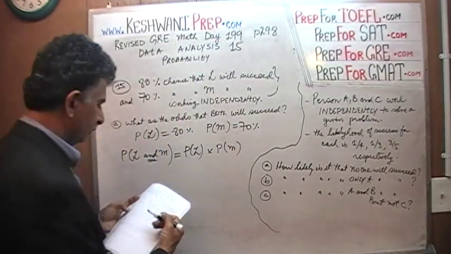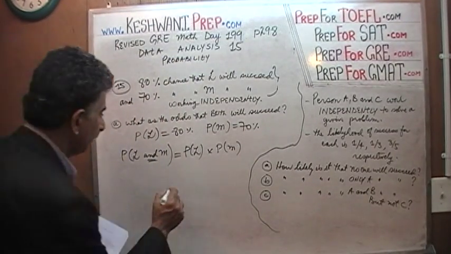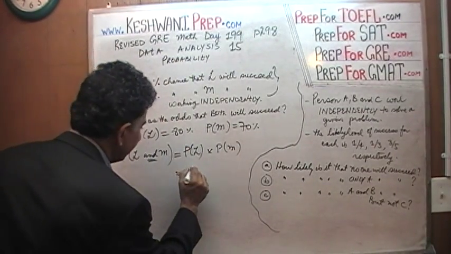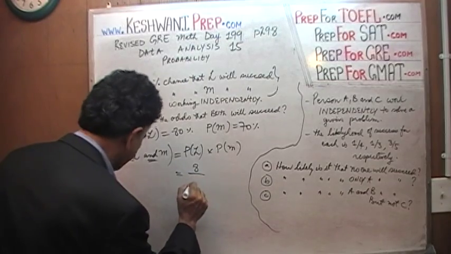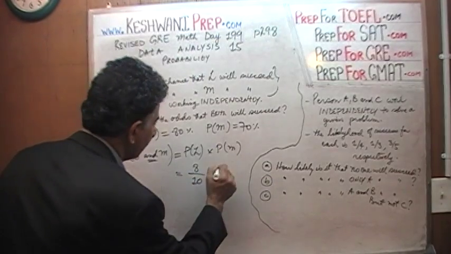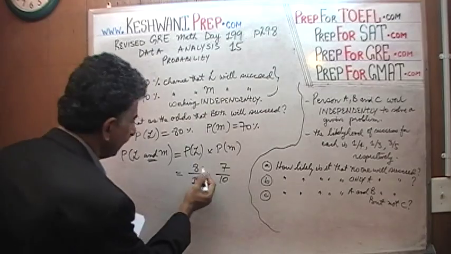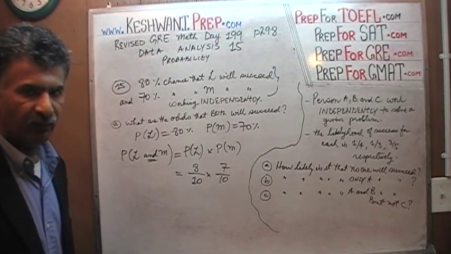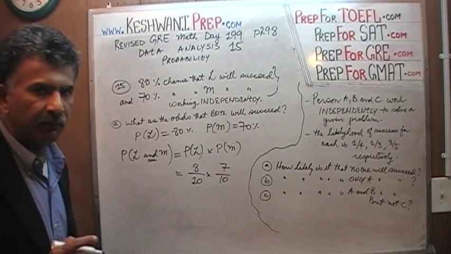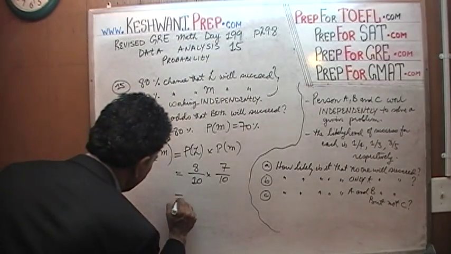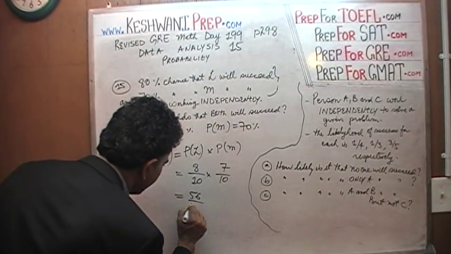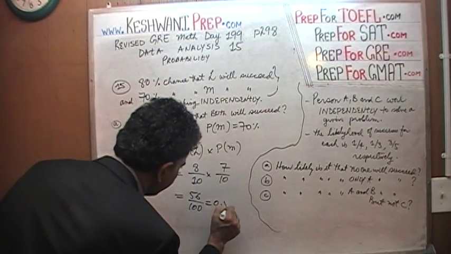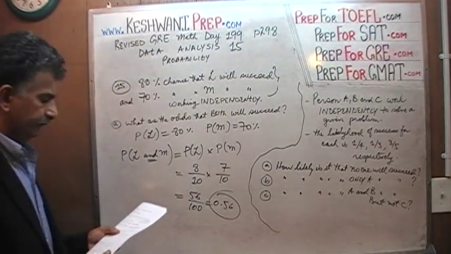It's simply 80%, which is 8 over 10, times 70%, which is 7 over 10. 7 sevens are 49, 7 squared is 49. If you add one more 7 to 49, it becomes 56. So it's 56 over 10 times 10, which is 100, so 56 over 100, or 0.56. Voila, that's your answer.